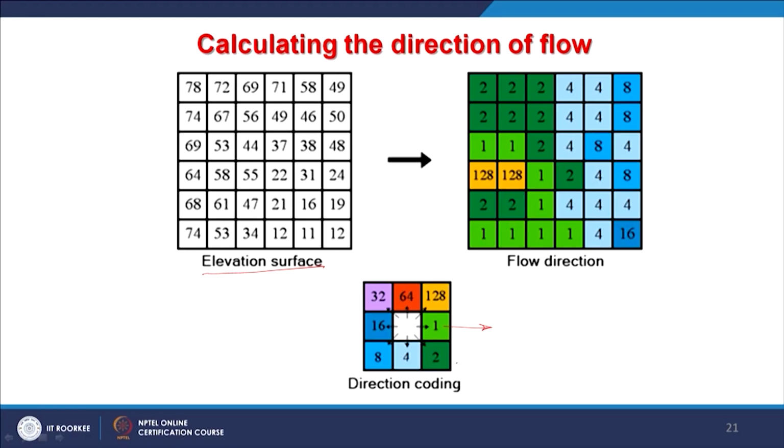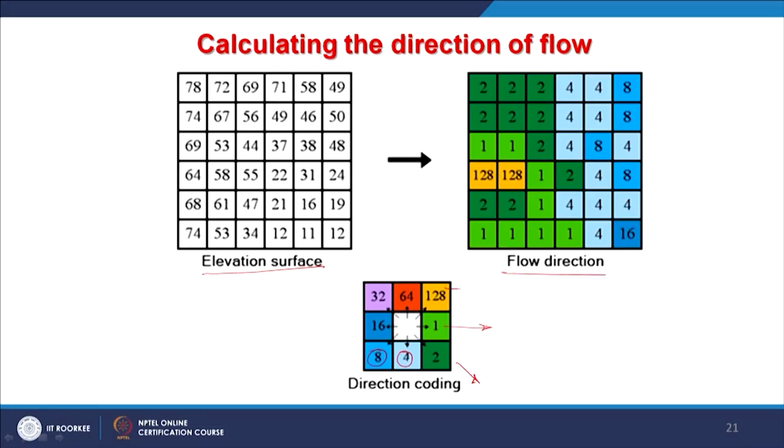For the southeast direction the code is 2, for south the code is 4, for southwest 8, and likewise. When this 3 by 3 kernel moves all along over a digital elevation model, this is how it will give a flow direction.